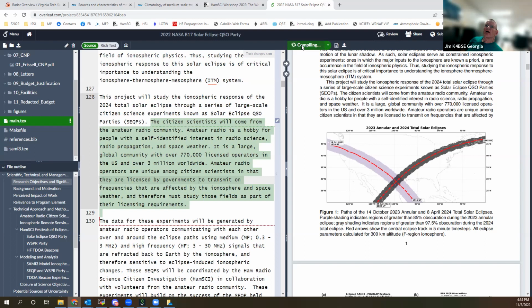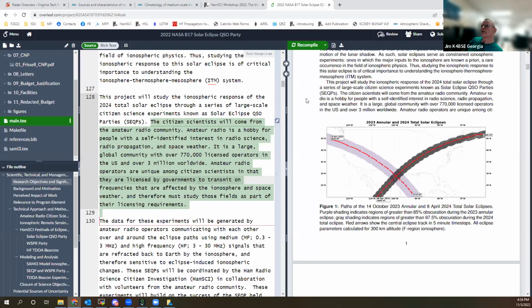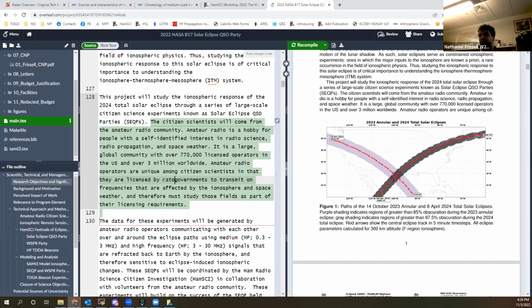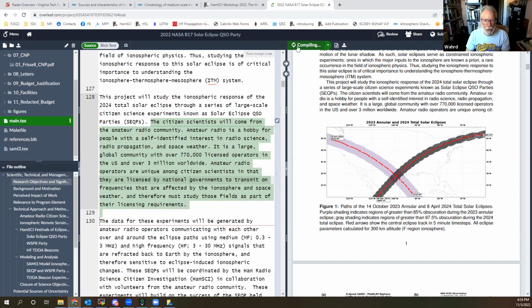Right, I like "by governments" because you're right, it's not just the FCC. I was also wondering whether to say federal governments. By national governments. According to international treaty, if you want to throw that in there too, but I think this is good enough. Yeah, I think so. It's getting a little thick using the two.